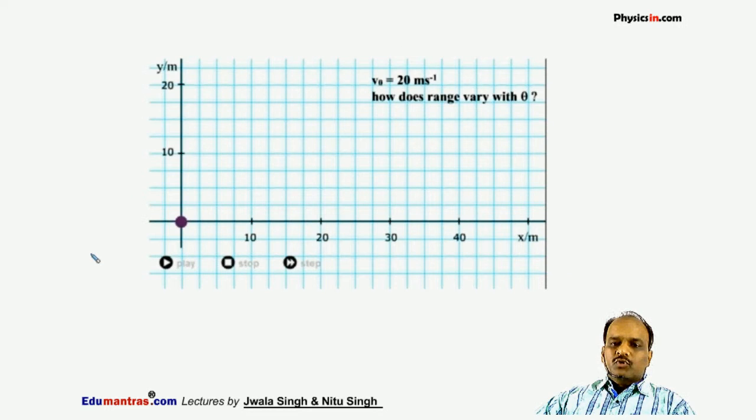Now let's watch the motion of a particle thrown at different angles in presence of gravity with a speed of 20 meter per second. This is a particle. I will throw it at different angles and watch the motion.